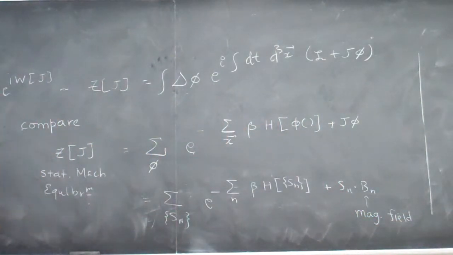You have a bunch of spins, okay, from 1 to n, and the spin variables are S1, S2 up to Sn. So there are n particles with spin Sn. And the Hamiltonian is of course a function of the spins, right?